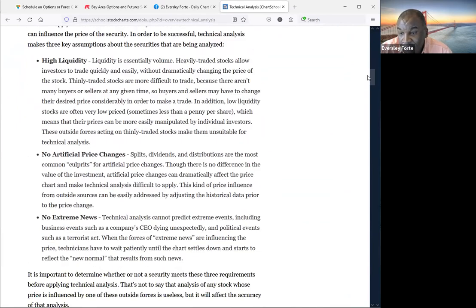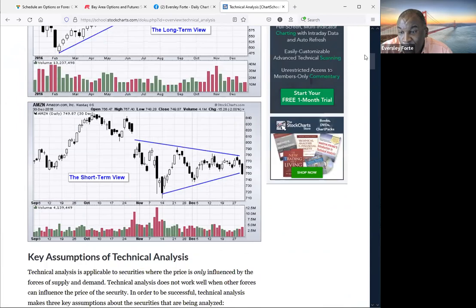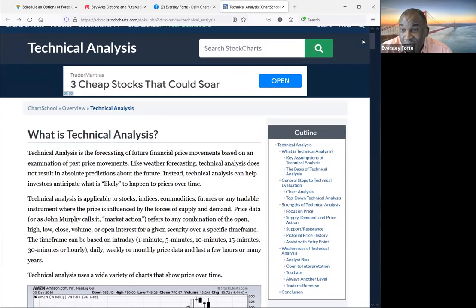So if you really want to see why we use technical analysis, this explains it really, really well on stockcharts.com. So the link is in the chat window. All right, and I'm going to go back to the handout.